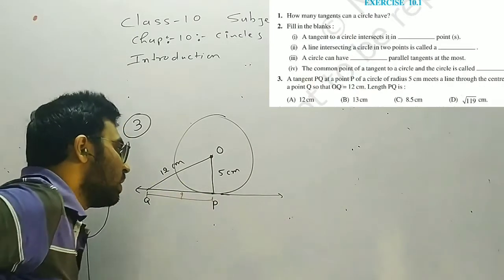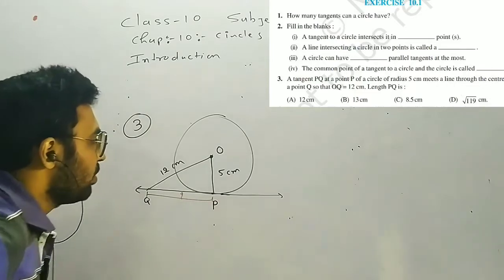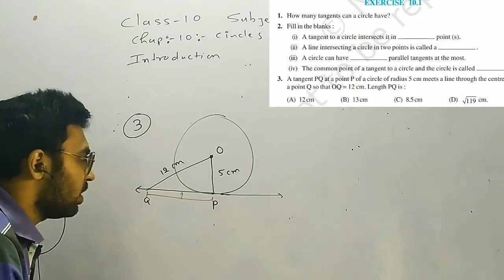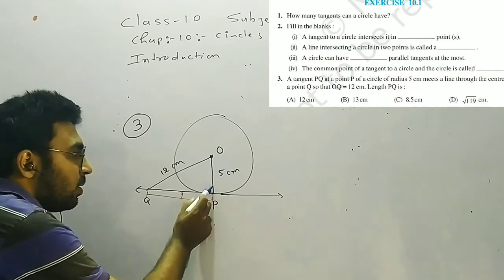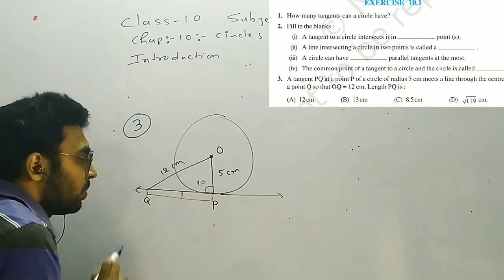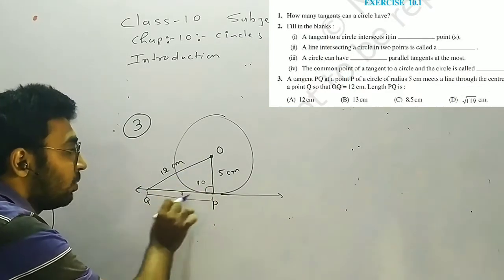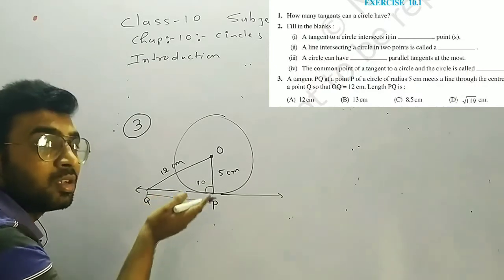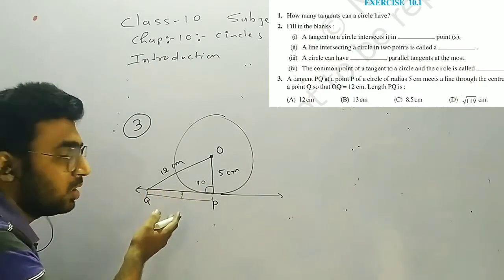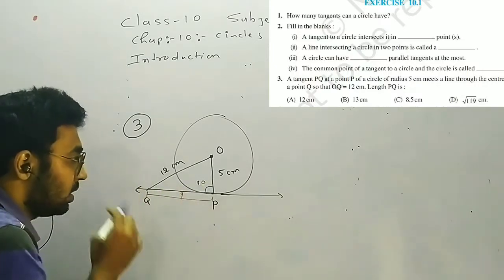I am just using a different pen. So how can you solve that? According to theorem 1, a tangent always makes a 90 degree angle. So here is a triangle, and it is a right angle triangle because it has the 90 degree angle.